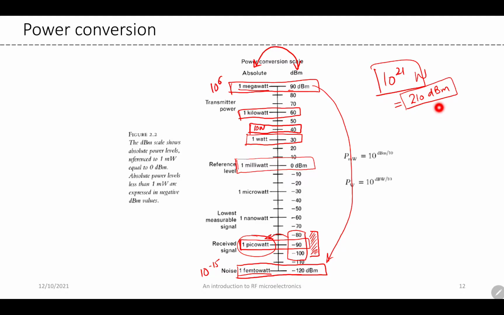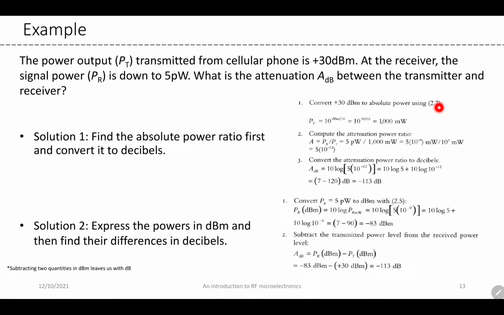You start from minus 120 to 90 dBm, and you can get all the information in just a very small number. That's the beauty of dBs and how the log scale is used for power conversions.